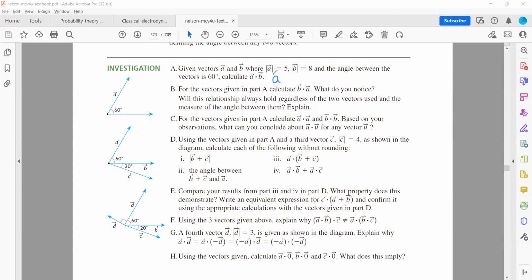Again, we will write the dot product formula, which is A dot B equals the modulo of A, or magnitude of vector A, times the magnitude of vector B, all multiplied by cosine of 60 degrees.